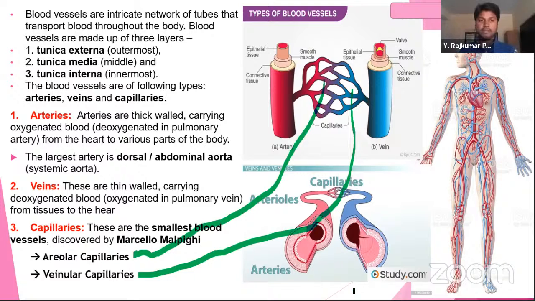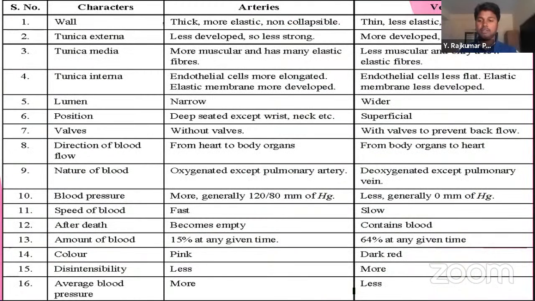Okay, let's learn further. Let's see what are the similarities and differences between arteries and veins. We will take the characters and compare arteries and veins. I said just now, arteries supply the blood, and veins collect the blood from all parts of the body.